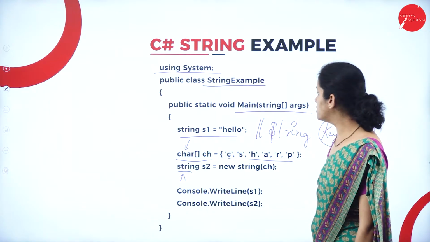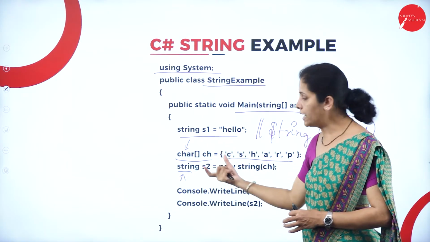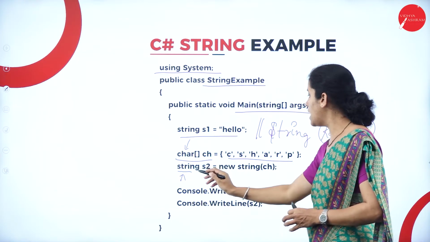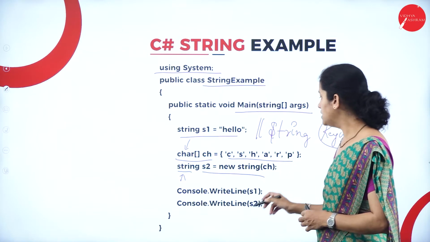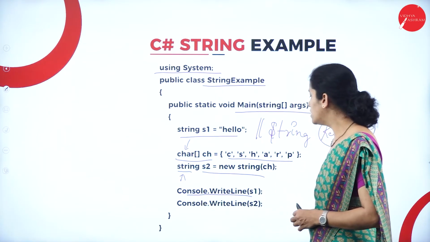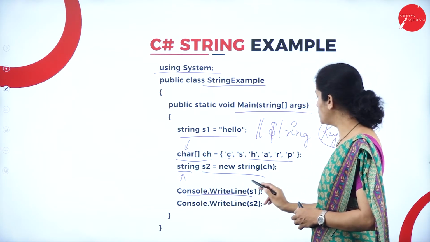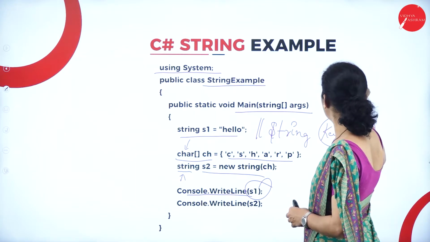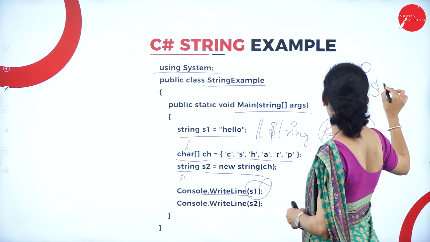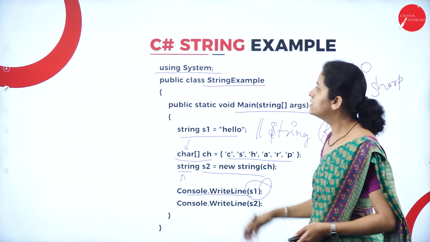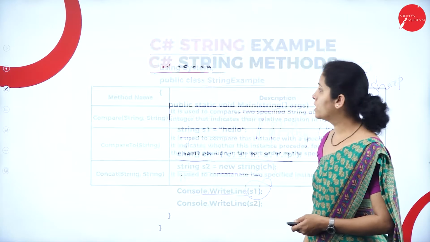I'm going to convert this collection of characters into string type. For that reason, I'll write string of ch. Now, Console.WriteLine. First, I'm going to display hello and I'm going to display C sharp. This is the way I can use strings in my program.